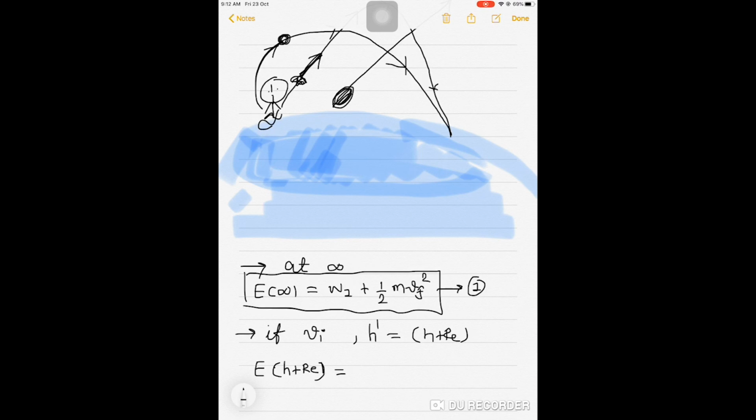It can be written as 1/2 m vi square, that is the initial kinetic energy, plus the potential energy, minus G Me m over h plus Re, that is the height considered, plus W1. Here also, W1 is the potential energy on the surface of earth.